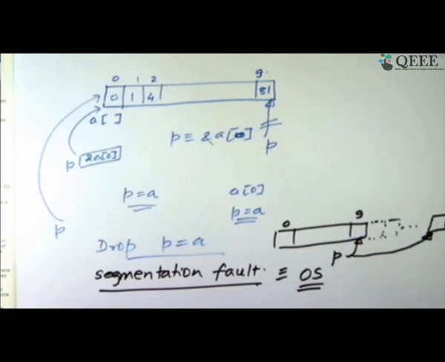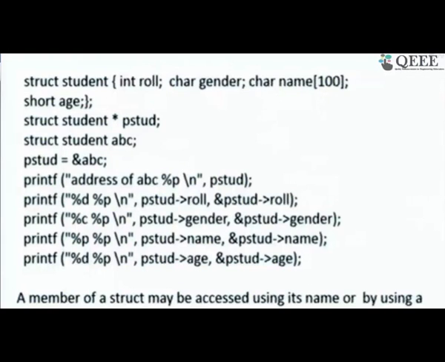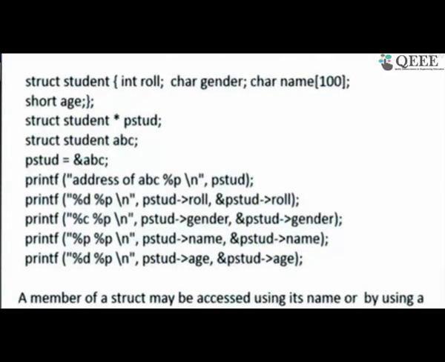You take a pointer, use an arrow. The arrow notation allows you to run down the different components of the data type that you have defined. The last line says P student arrow role. If P stud is a pointer to a structure object, this is how you get to its role field.